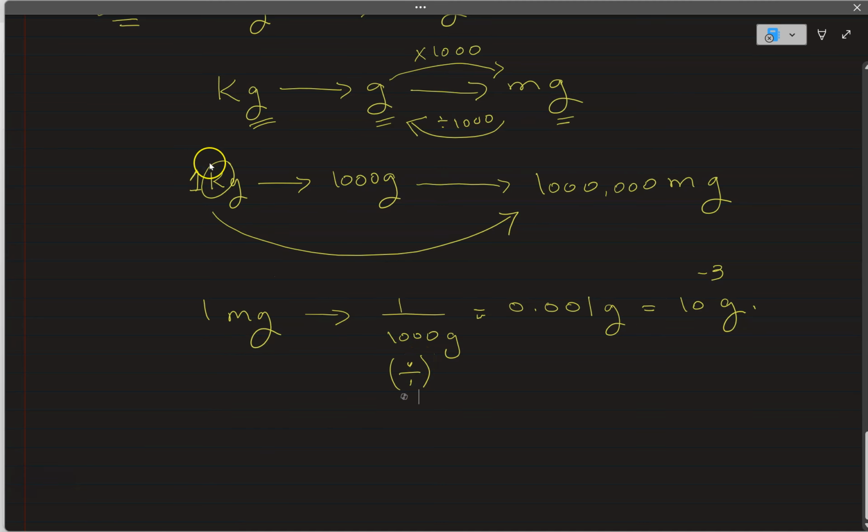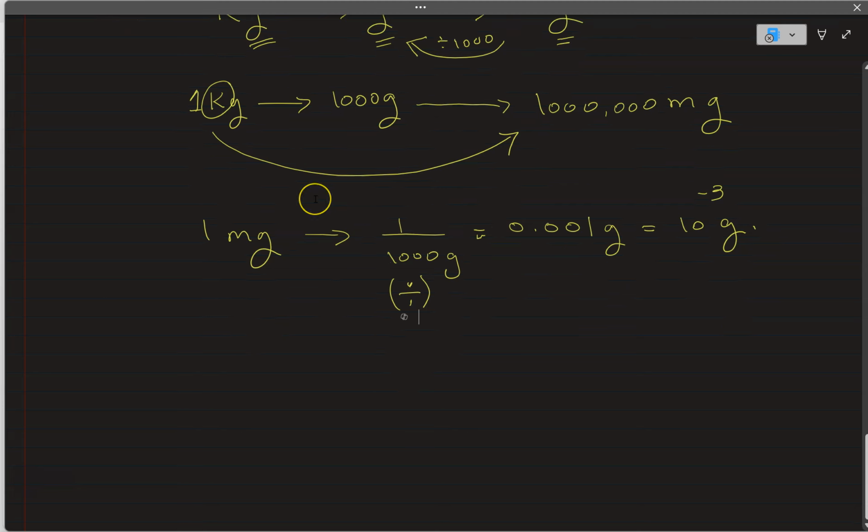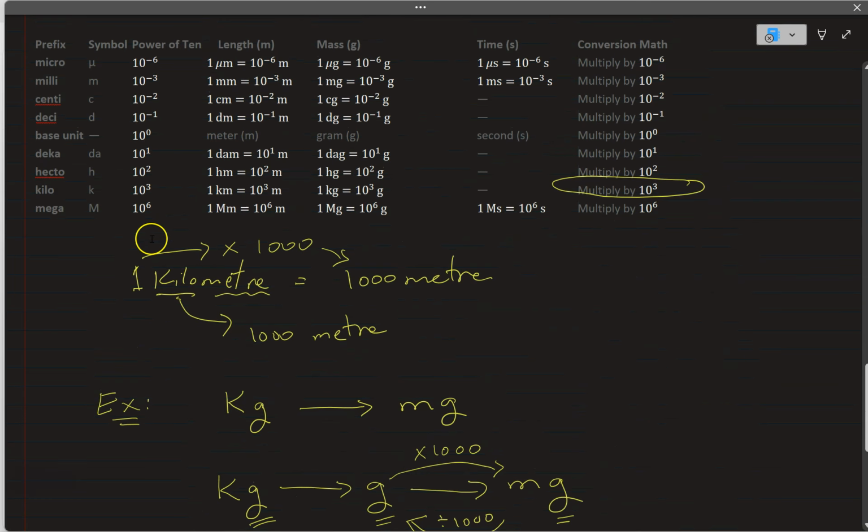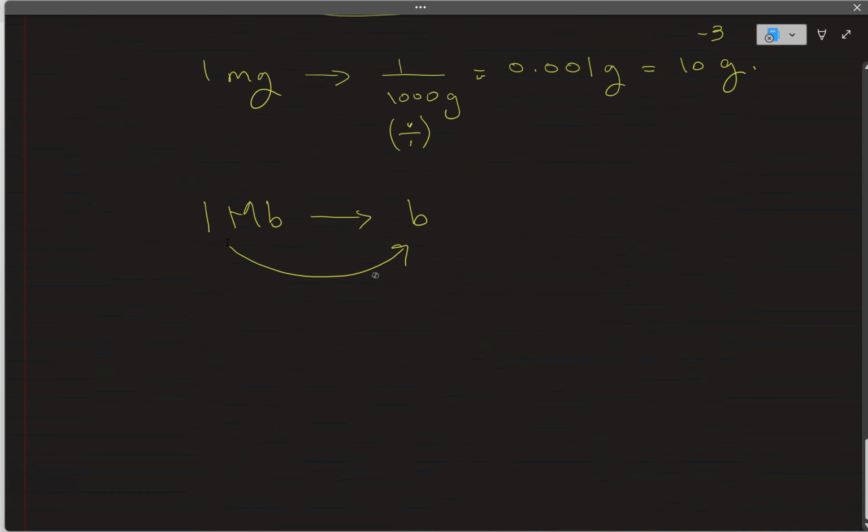If you're going from the larger prefix, let's say megabytes, we all know what that is, you're multiplying by the mega, M is the prefix. You come up here and you have to multiply by 10 to the 6. So that's 1 times 10 to the power of 6, and that's why 1 megabyte is 1 million bytes.